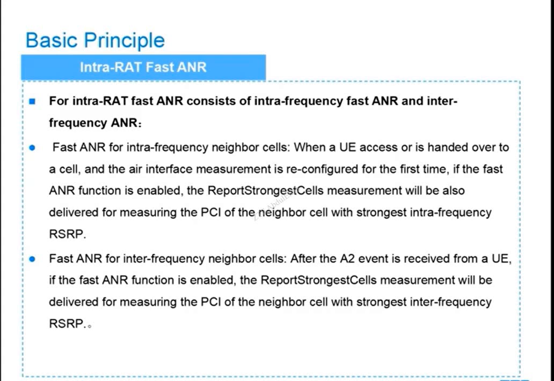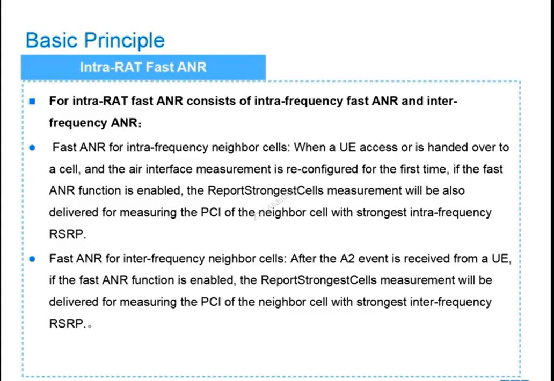Fast ANR for intrafrequency neighbor cells is different from that for interfrequency neighbor cells. For intrafrequency neighbor cells, when a UE accesses or is handed over to a cell, the measurement is reconfigured for the first time. That is, when the UE accesses a cell, it will configure the measurement information.